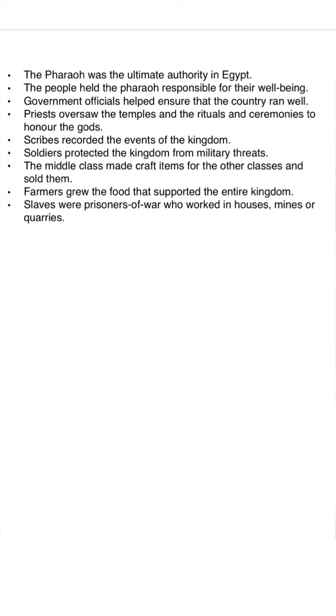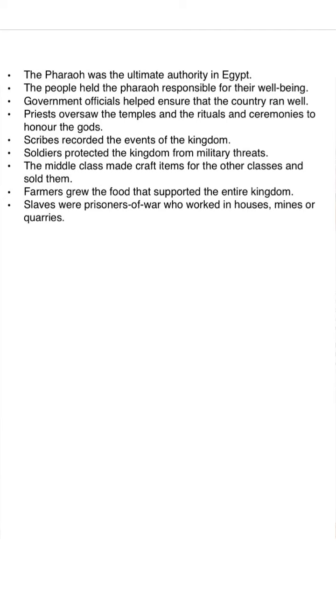Now, the duty of the priests was to conduct rituals and ceremonies in the pharaoh's name in temples to keep the gods happy. Priests were part of ancient Egypt's daily life and they oversaw the running of the temple community. Nobles and other officials were responsible for collecting taxes and looking after the requirements of the people.